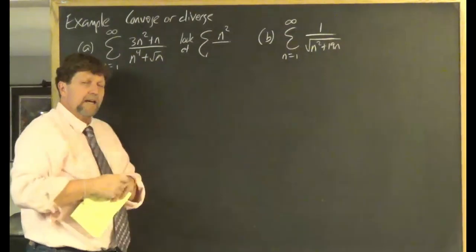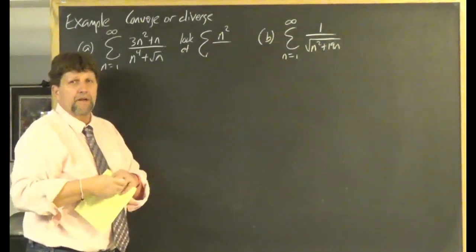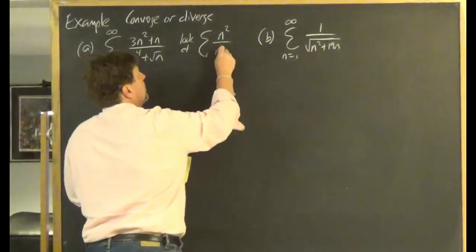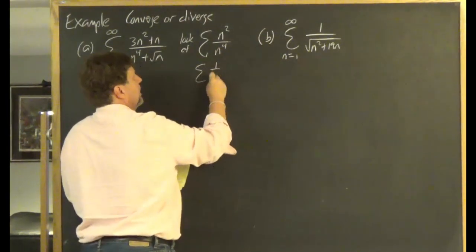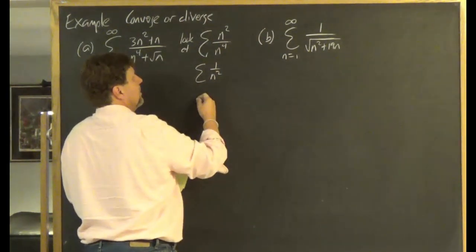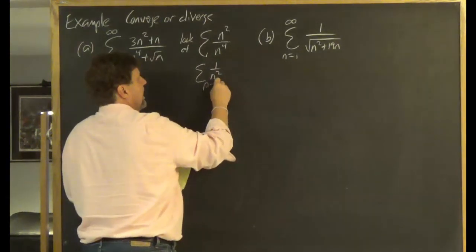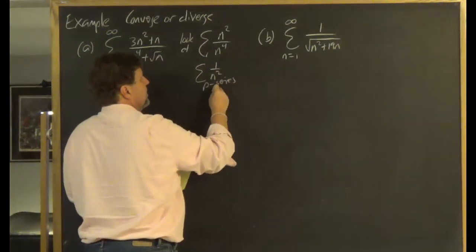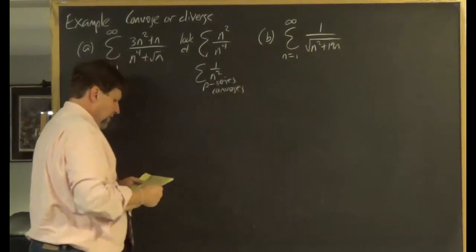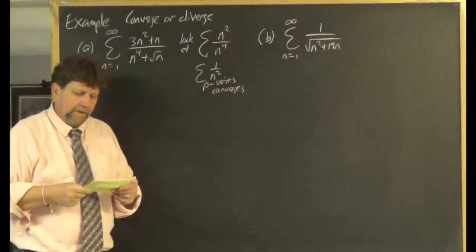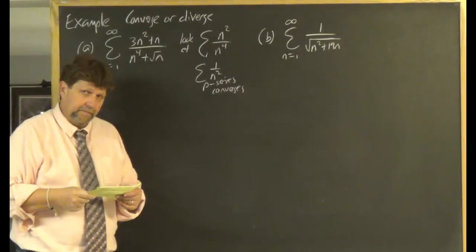Ignore everything in the denominator except the largest power, which gives you n to the fourth. Now that simplifies down to 1 over n squared, which, isn't that nice? It's a p-series, p is 2. So we know that it converges.